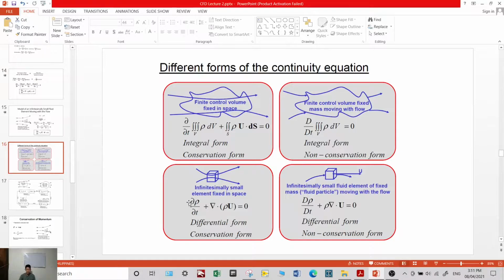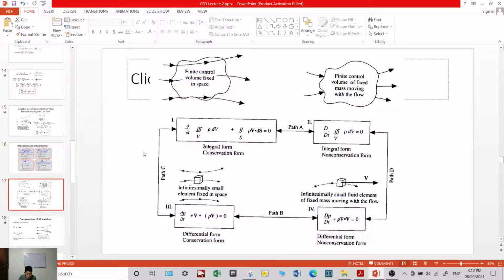This one is for an infinitesimally small element fixed in space, and this is for the infinitesimally small fluid element moving with the flow. Okay. Now we will have an example wherein we convert one form into another form, and you can do that by following this diagram. Okay.